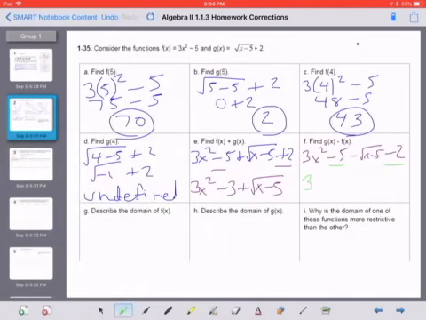So I'm going to get 3x squared minus... oh, I'm actually sorry, I did this backwards. Let's fix that. I should have put the g of x first.